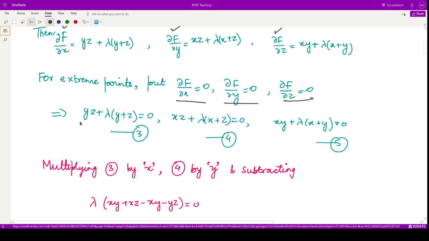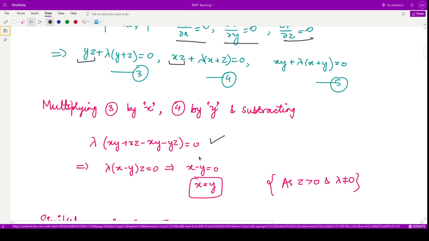So you see, here you will have xyz and here also you will have xyz. So that means you have this expression, and when you subtract them, this expression cancels with this one. So what you have, lambda times xy plus xz minus xy minus yz.